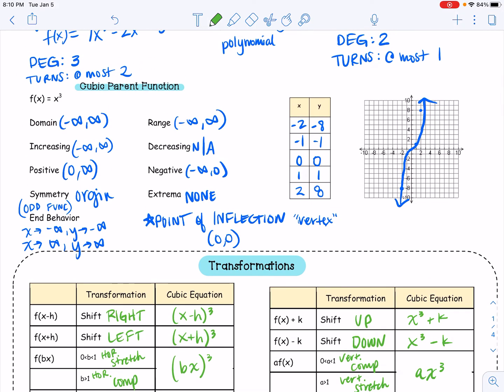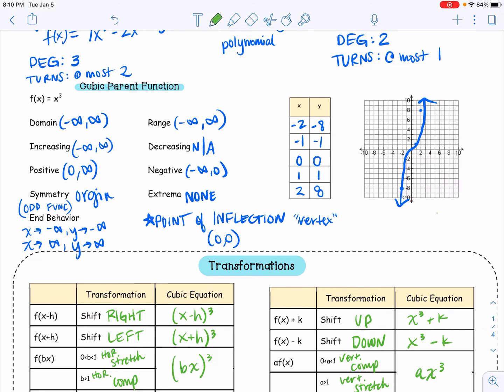So with that parent function, if you're going to graph like I do, which is according to a pattern, remember with the quadratic pattern, we went from the vertex, right 1 up 1, right 2 up 4, right 3 up 9, right 4 up 16, because we were squaring the number. Well, now we're cubing that number.